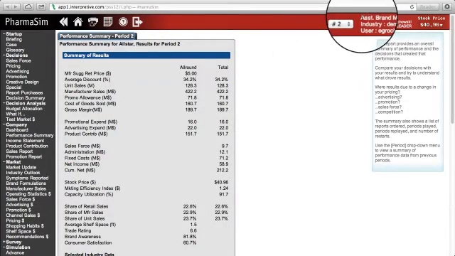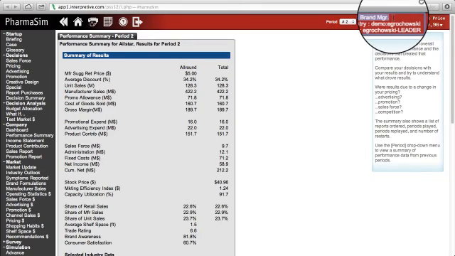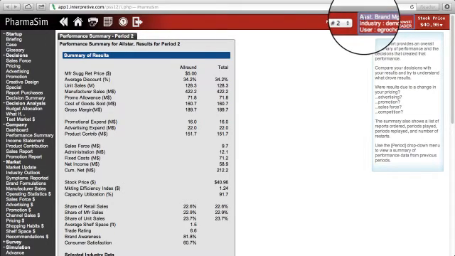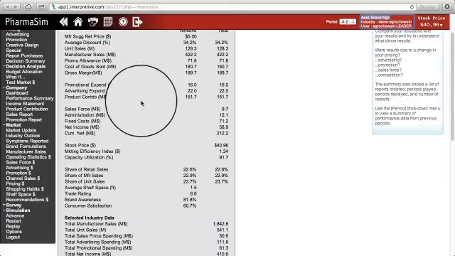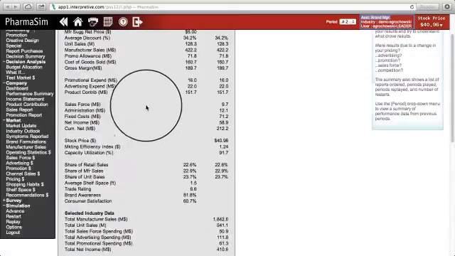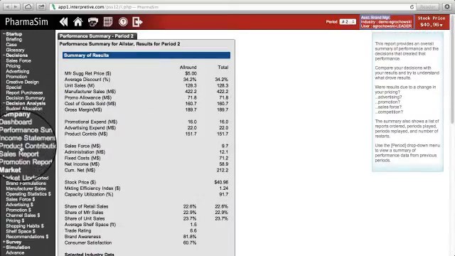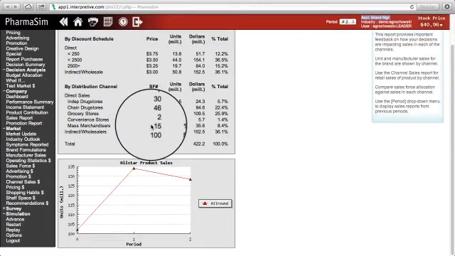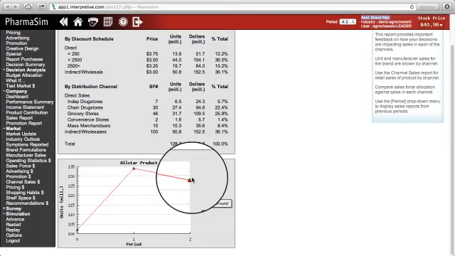And you'll see here now that we're entering Unit 3 or Decision 3, my role has changed from brand assistant to assistant brand manager. And so my sales has dropped.